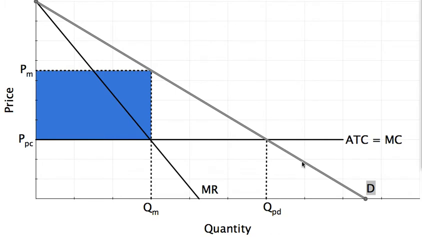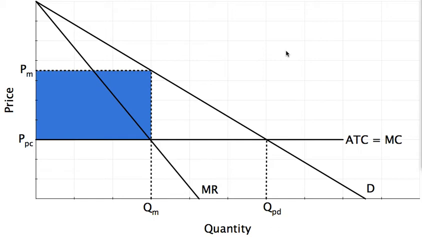So just realize that a perfectly price discriminating monopolist will increase output until marginal cost is equal to demand. Because once we get to quantities past that point, the price of that product falls below the marginal cost, which means it's costing you more to produce the item than you're actually generating in revenue. So realize that Q is going to be equal to QPD, and that's where marginal cost intersects the demand curve.